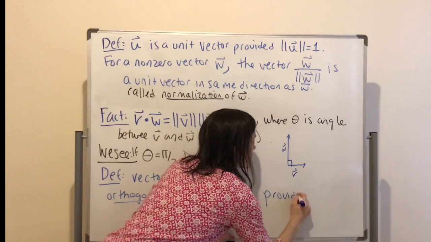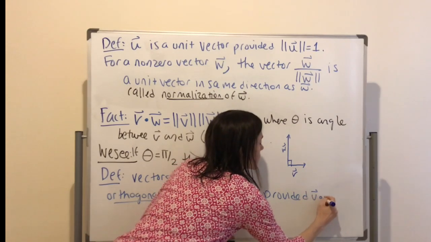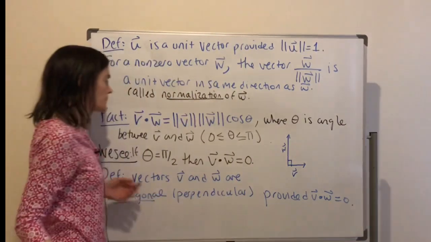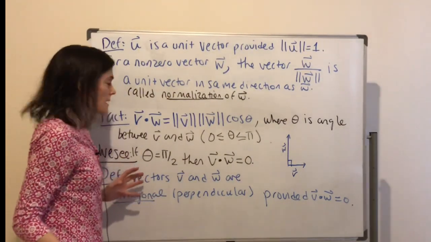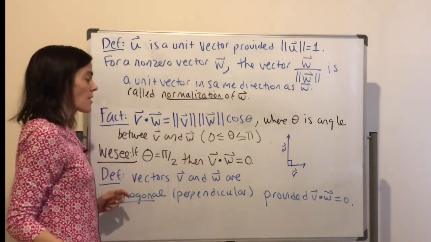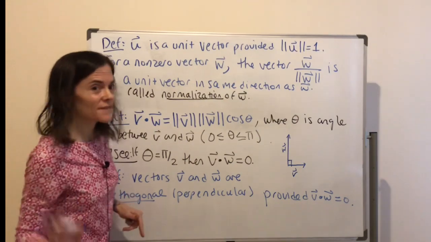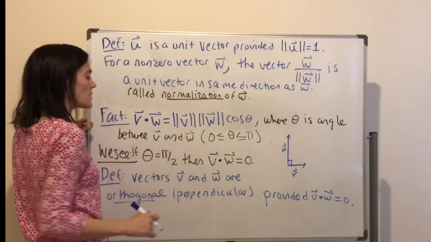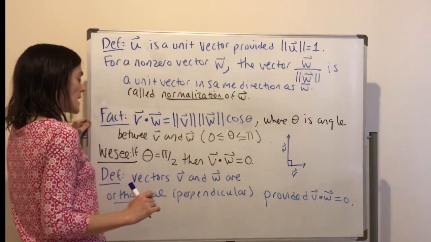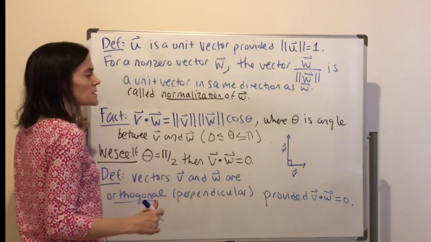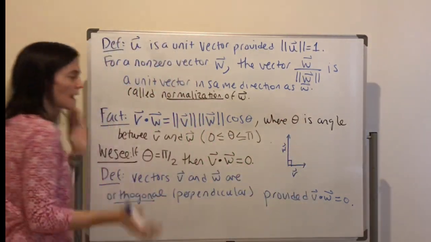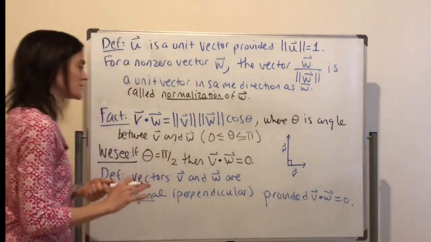Now, this does say that 0 is orthogonal to every vector because, well, the length of the 0 vector is 0. It's fine. Okay, but for non-zero vectors V and W, it says that the angle between them is pi over 2.